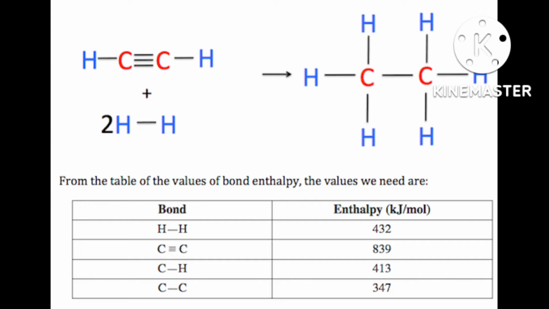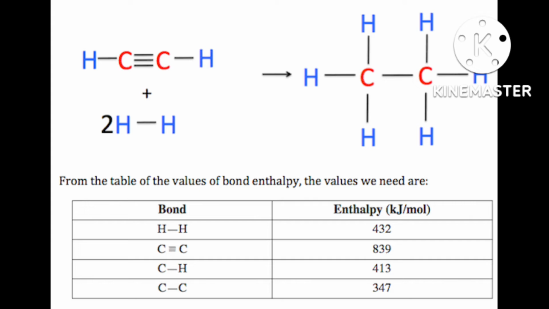Now if you add all four bond energies, it becomes 1665 kilojoule per mole in total: bond-wise, 427 plus 439 plus 450 plus 347. If you add, it will come to 1665 kilojoule per mole.